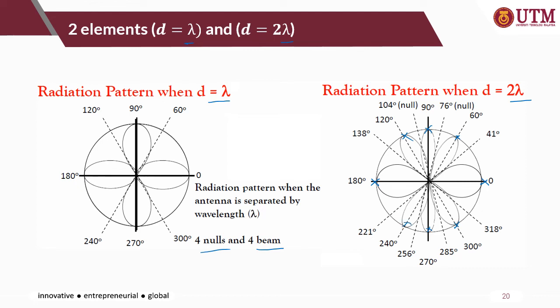So from here we can see that the radiation or directivity of the array antenna can be controlled by controlling the geometry or the distance between elements, and also the angle beta of the phase difference between the elements.